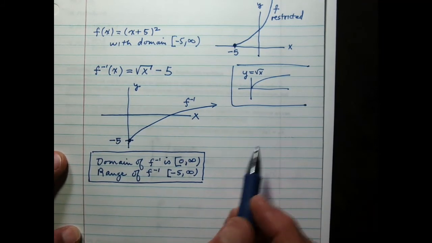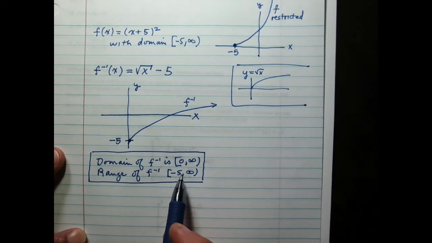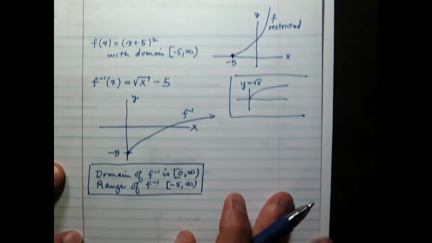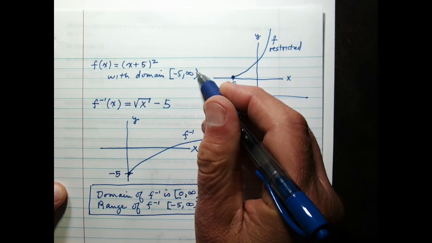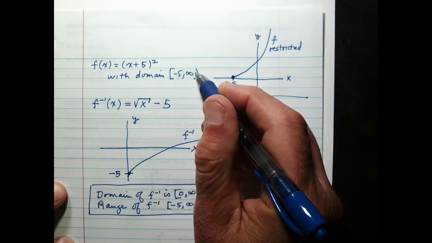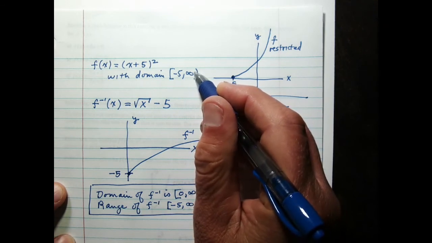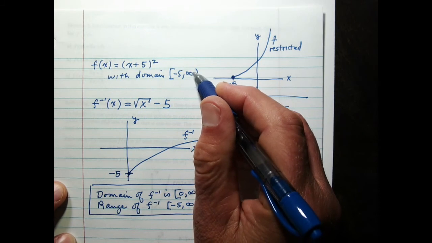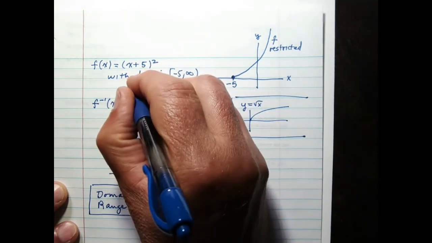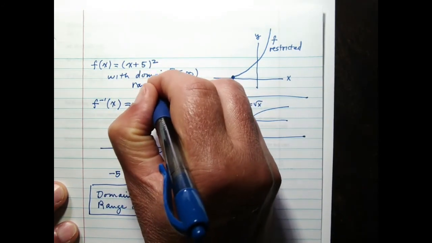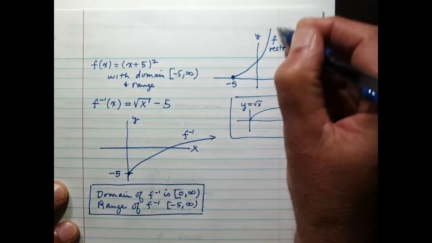Now, just as a matter of reference here, we already knew the domain of f was restricted to this interval, -5 to infinity. Notice how that restricted domain of f becomes the range of the inverse. That's exactly what happens with an inverse function. And the range of f we can also see from its graph.